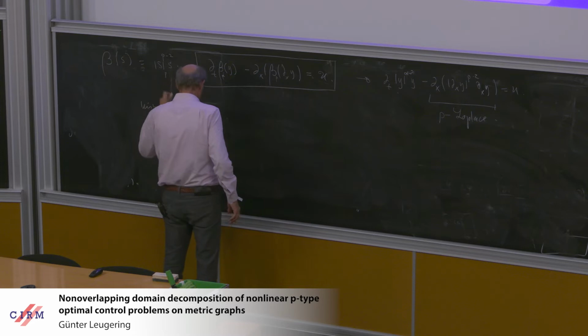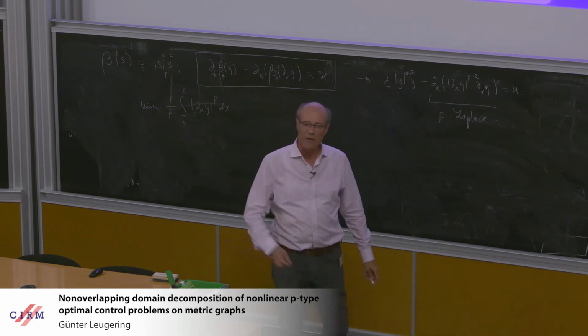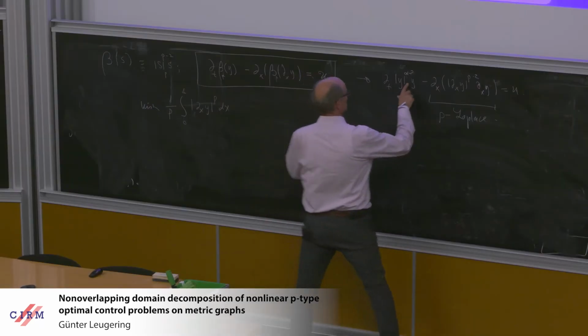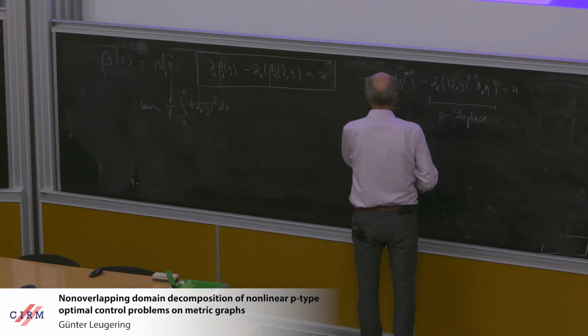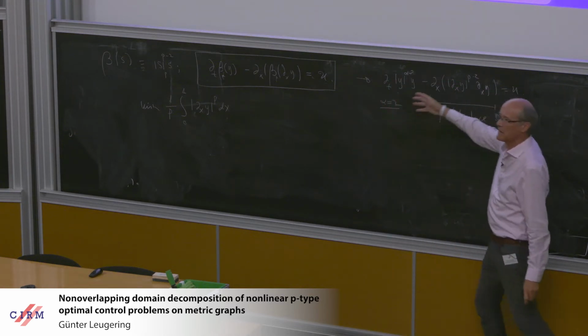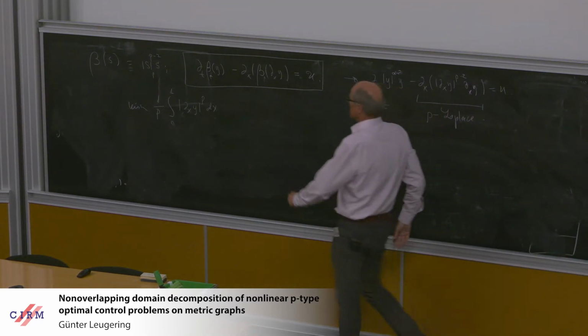And if you do the Euler-Lagrange of this, it is the P-Laplace, right? And in the case that alpha is 2, this is a purely parabolic case, because then this is the identity. It's just the p-parabolic equation. Then, in fact, you can do this.